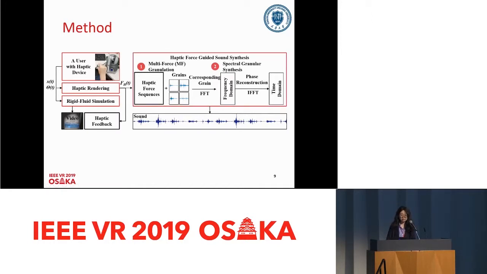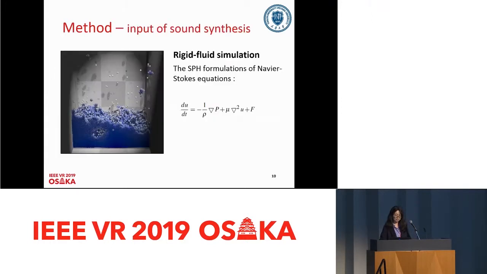With the haptic force sequences and grains, we can generate the corresponding grain with multi-force granulation. Then the grain is transformed to the frequency domain through FFT, and after phase reconstruction and IFFT, we can get the time domain sound. Now I will introduce each part in detail.